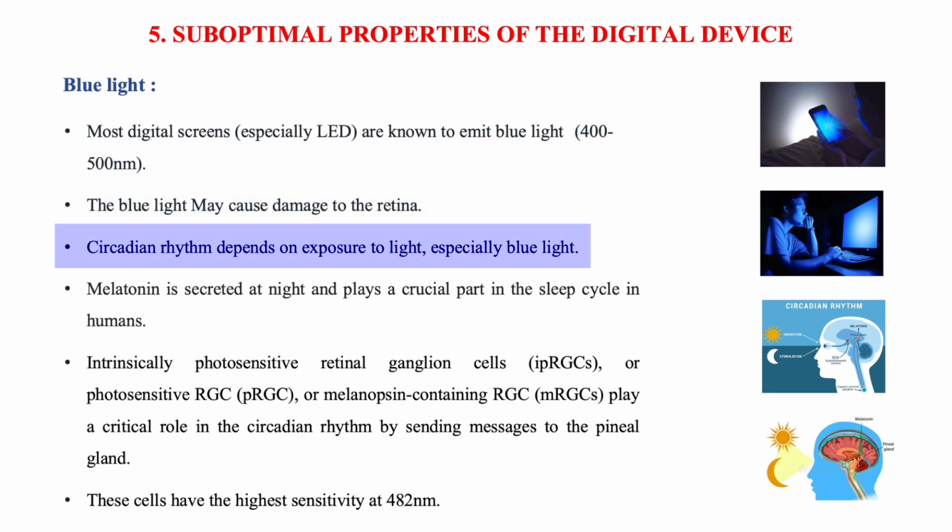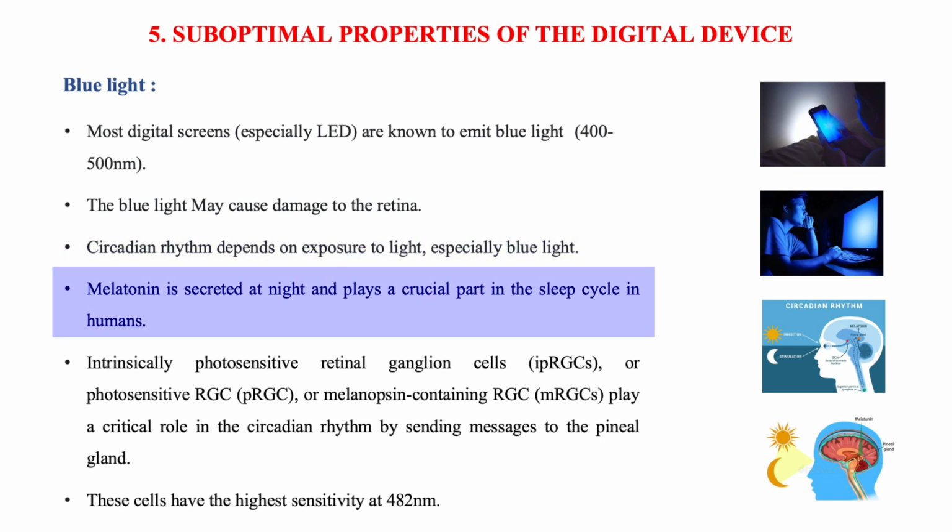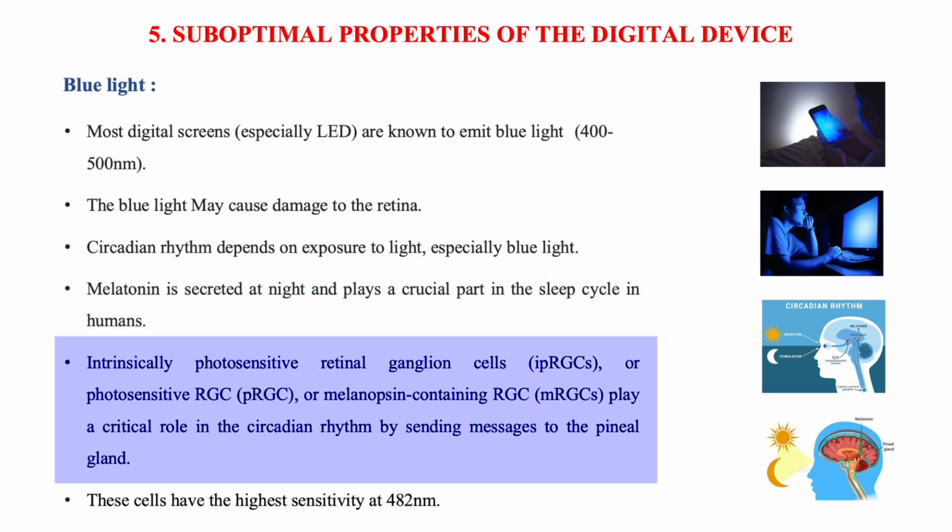Circadian rhythm depends on exposure to light. Melatonin is secreted at night and plays a crucial part. Intrinsically photosensitive retinal ganglion cells, the melatonin-containing cells, play a critical role in the circadian rhythm by sending messages to the pineal gland.